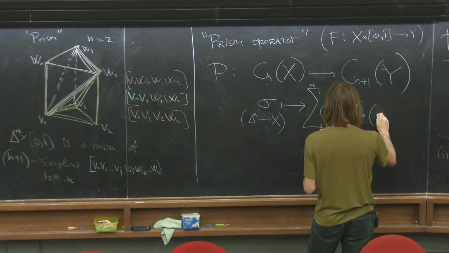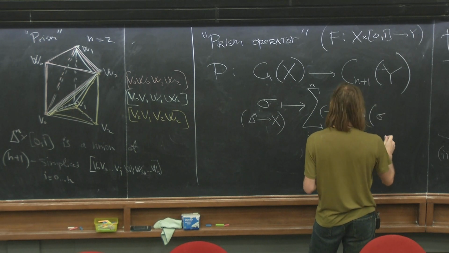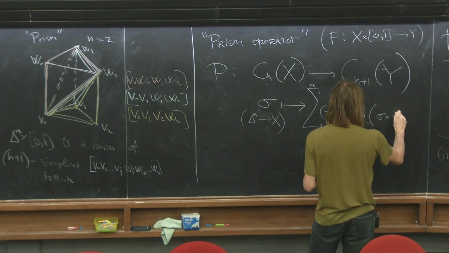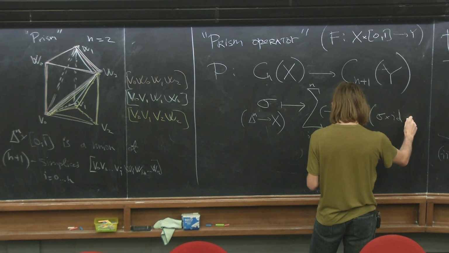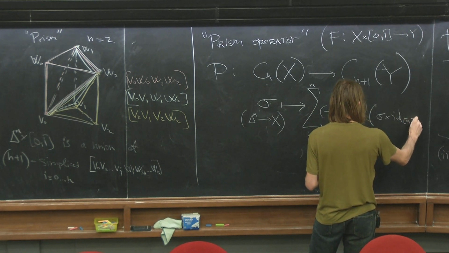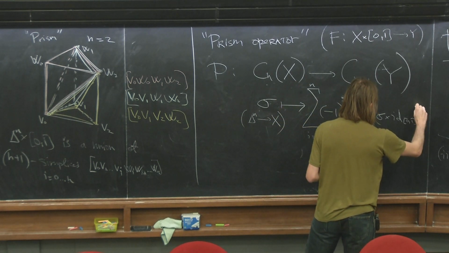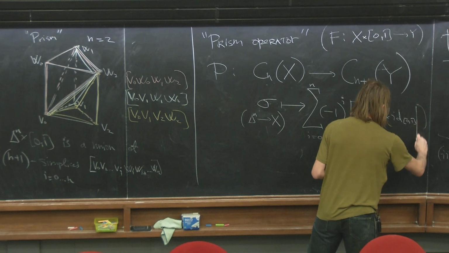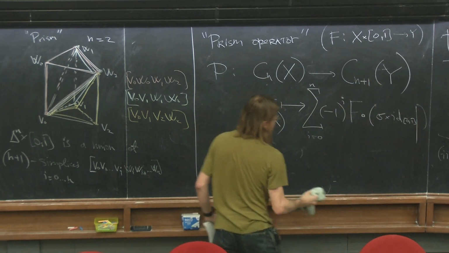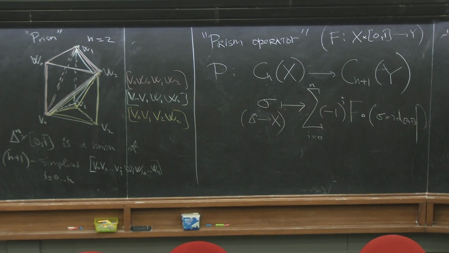Like this: sigma cross the identity map on the interval, and this is a product of maps.